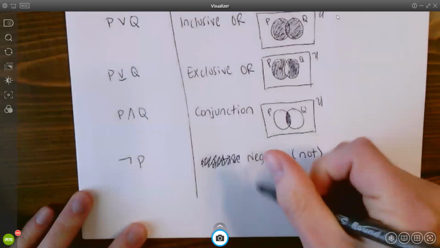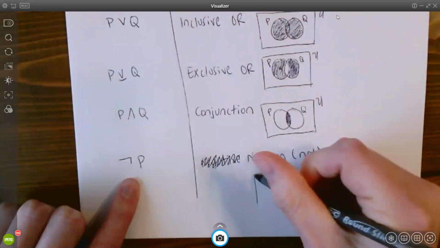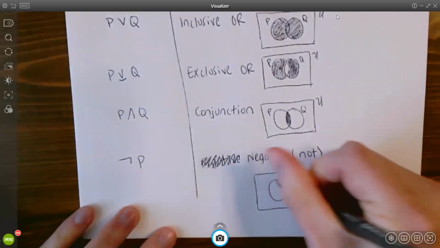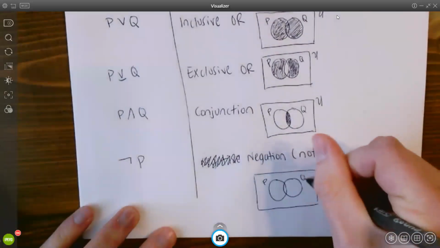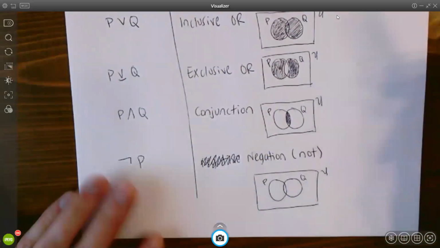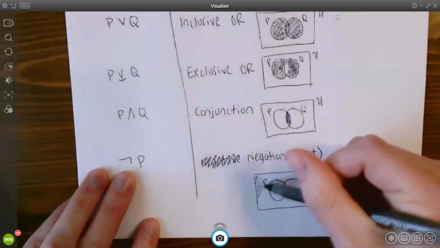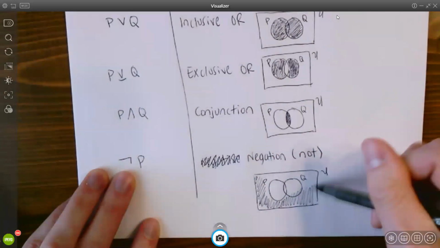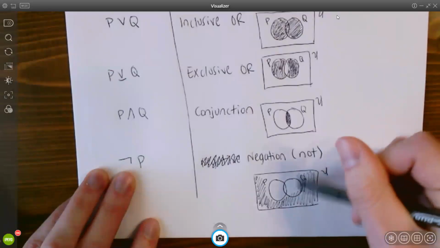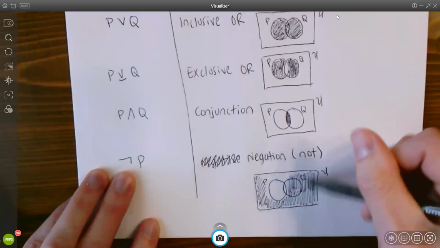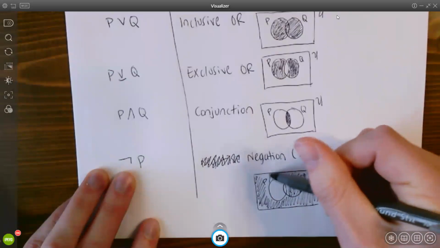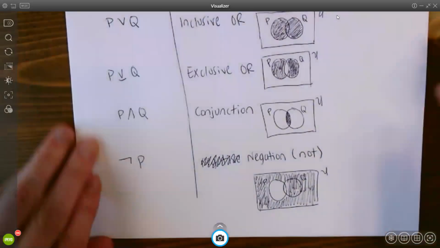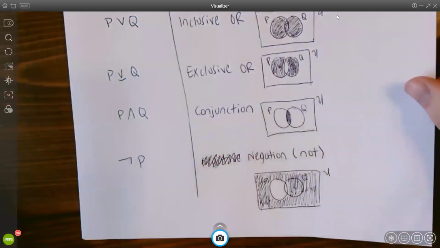So if I want not P, so if I want everything that's not P, that means I'm just shading everything that is not P. Like that. So hopefully those visuals are kind of helpful.